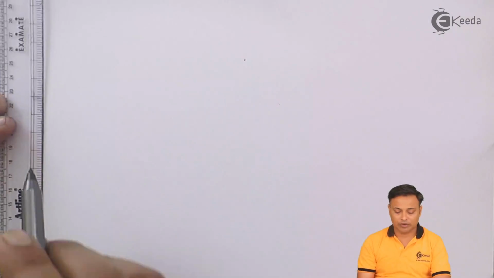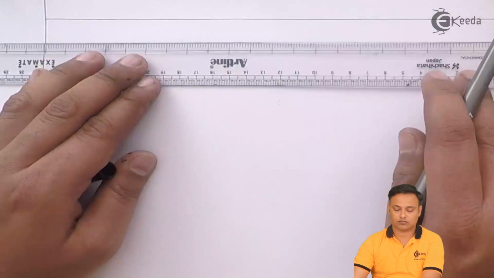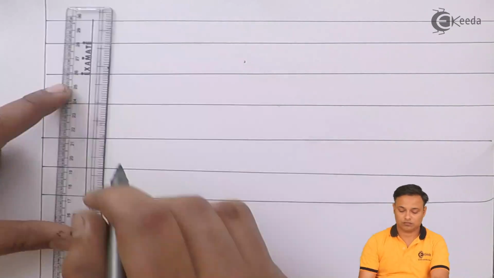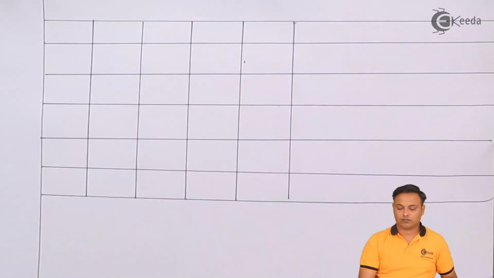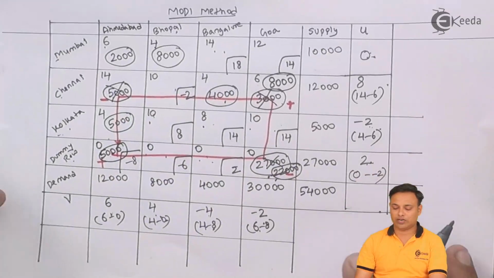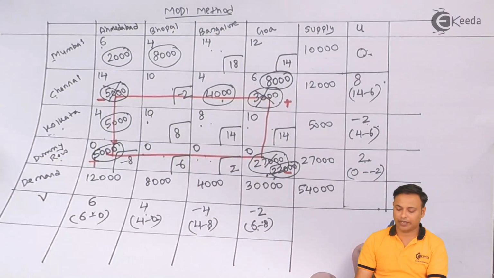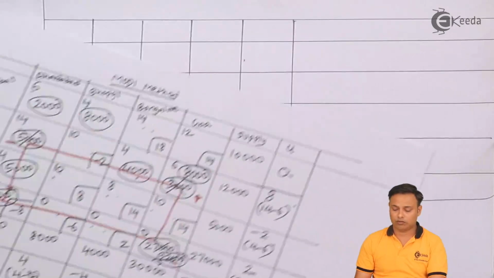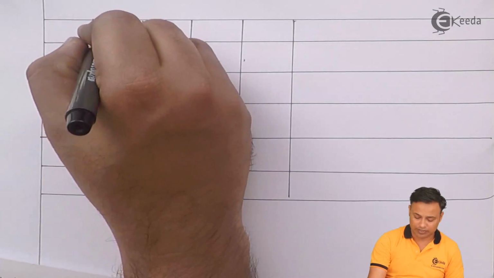So here I am drawing the table again. So here is our original table. I'll just copy the whole table again without the values of u and v in the new table. Second step in the Modi method.